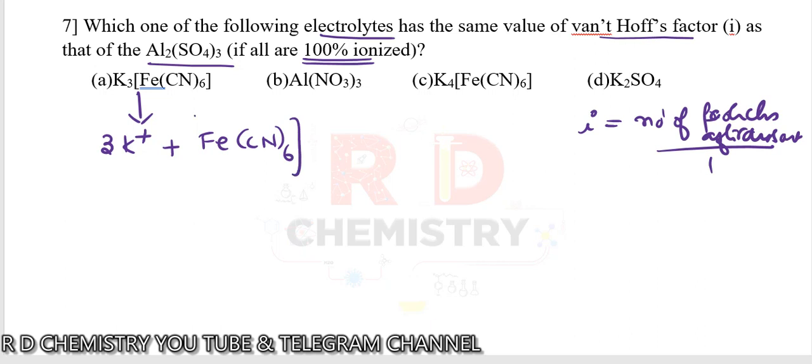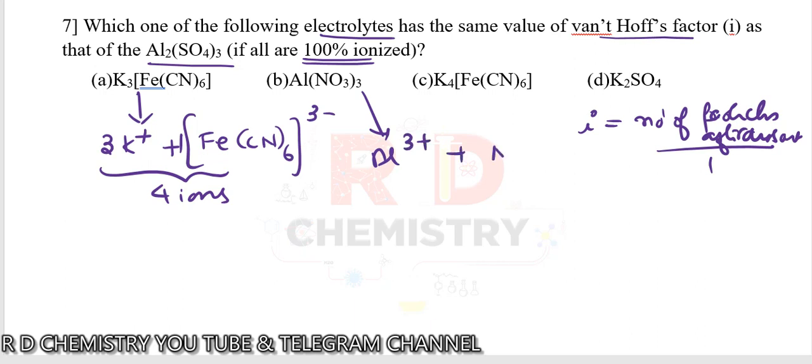Fe(CN)6, total charge is equal to -3. Correct. So how many ions altogether? Altogether 3 plus 1, 4 ions are there. Aluminum nitrate will dissociate to give aluminum plus 3, and nitrate is NO3 minus. Correct. To balance it, 3 here. So altogether how many moles are there? 1 plus 3, 4 ions are there.